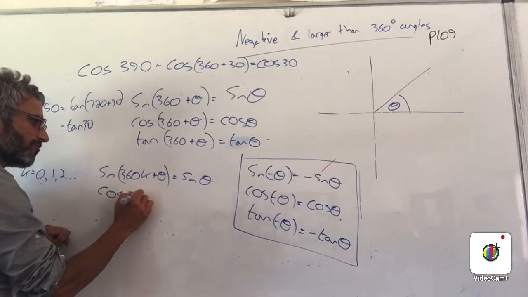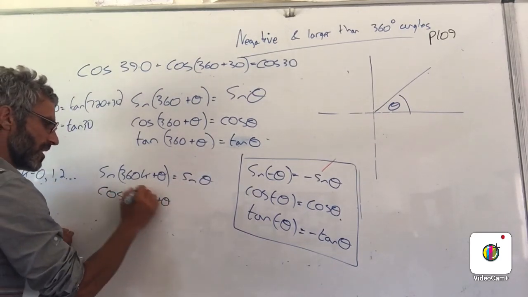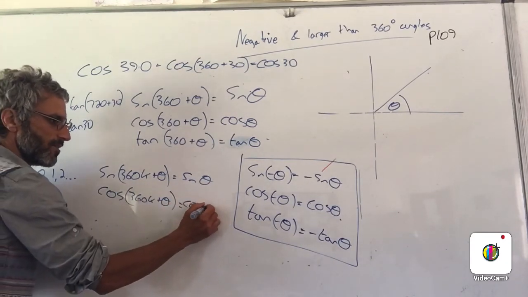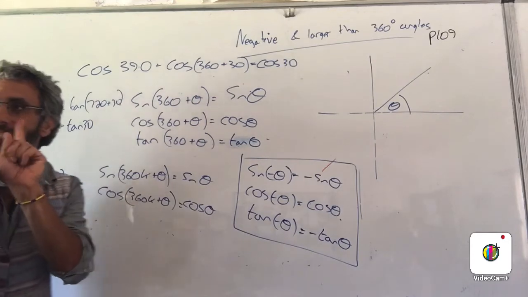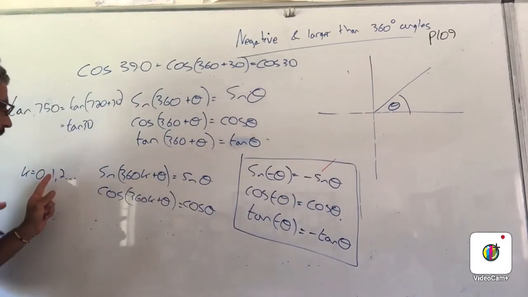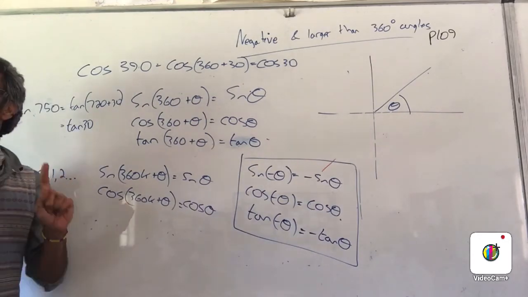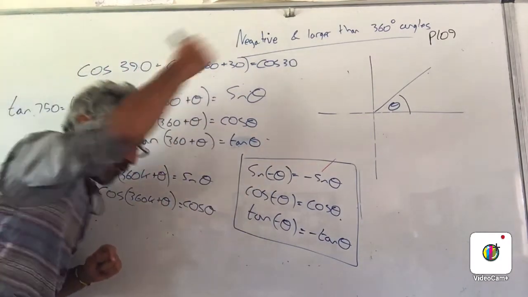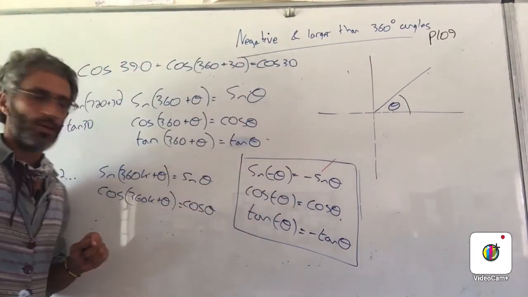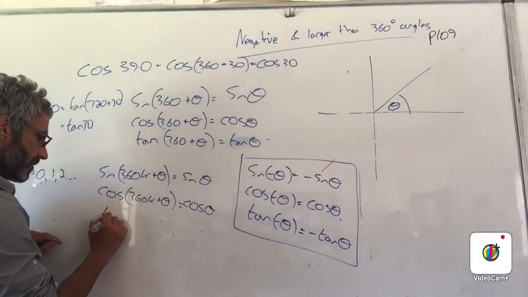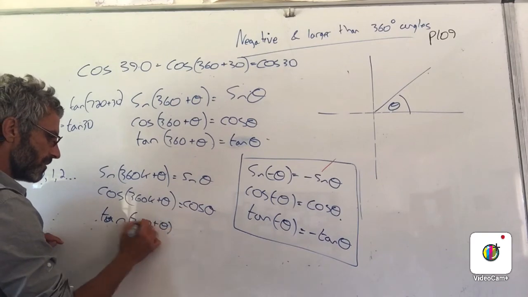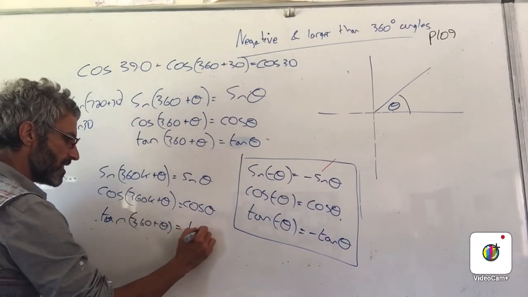And cosine of 360k plus theta is also going to be equal to cosine theta. K can be any integer. It can't be 1.2 or 1.5. I can't do 1.5 of a revolution, but I can do 1 revolution, 2 revolutions, 3 revolutions. Tan of 360k plus theta equals tan theta.